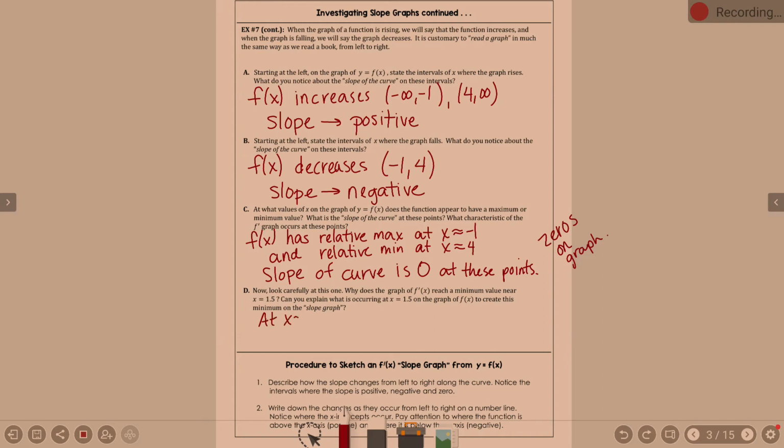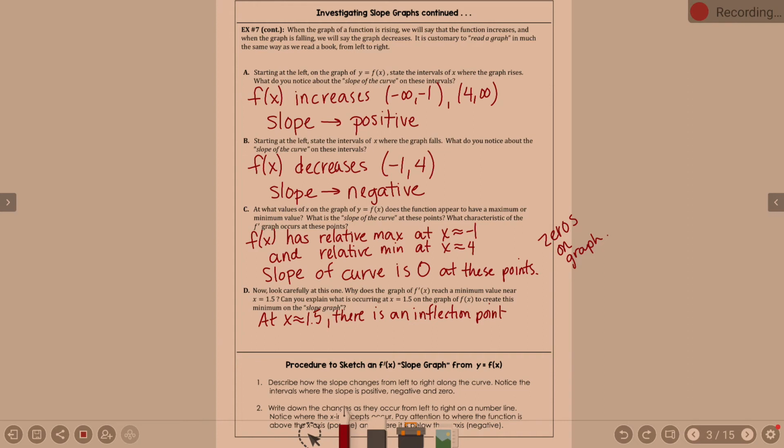Okay. So at x equals approximately 1.5, there is an inflection point. I've always used IP, but there's also POI, point of inflection.